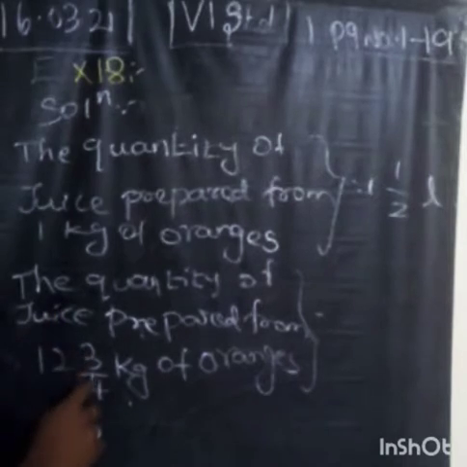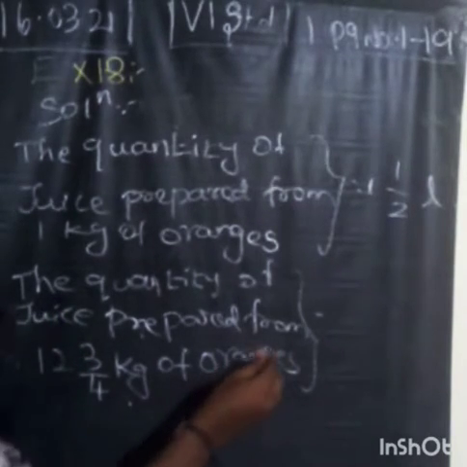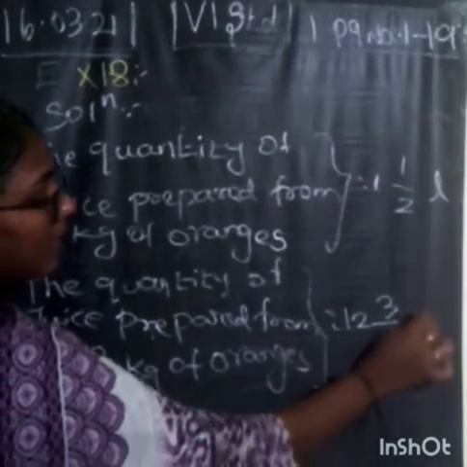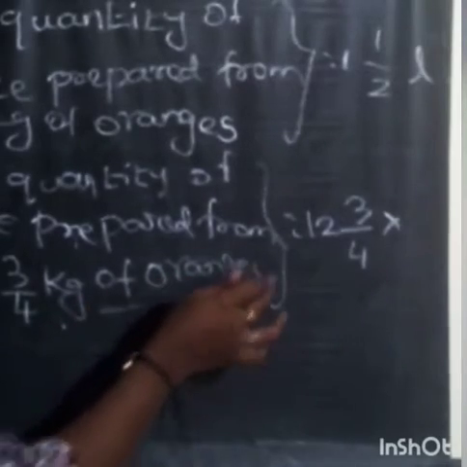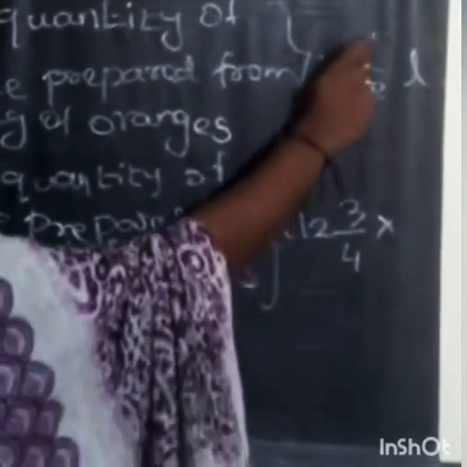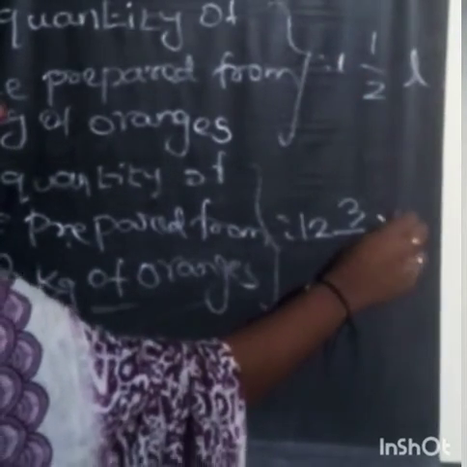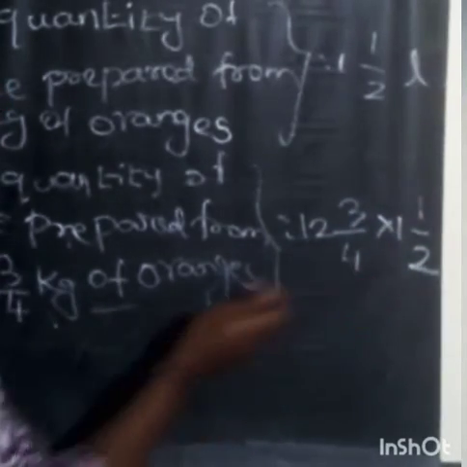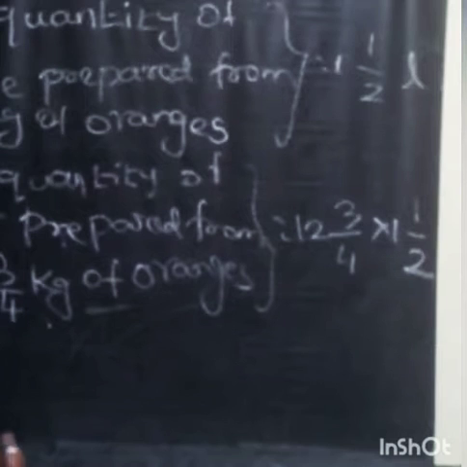So for 12 3/4 kg of oranges, we use multiplication: 12 3/4 multiplied by 1 1/2 liters. Here the two fractions are mixed fractions. First we have to convert them to improper fractions.